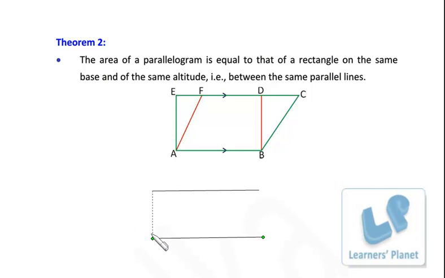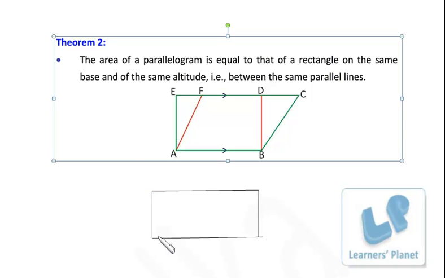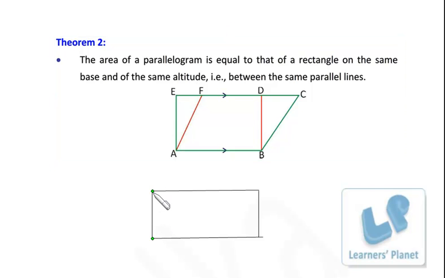So I am drawing a rectangle. Okay, now what if the sides are tilted? Like this. I'm just tilting the side and shifting this side a bit to the right-hand side.